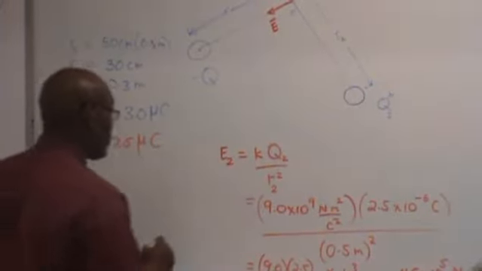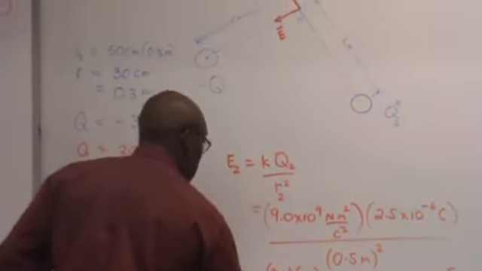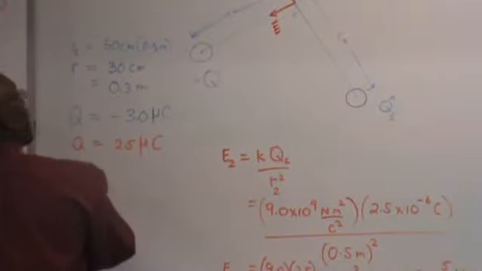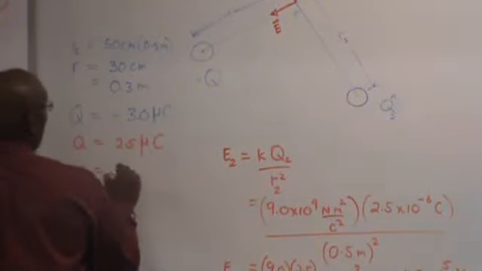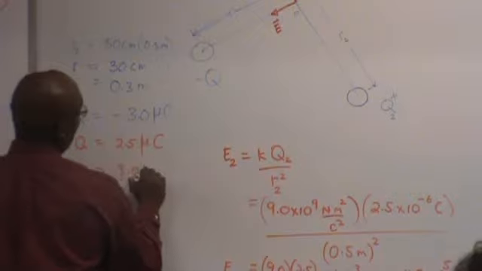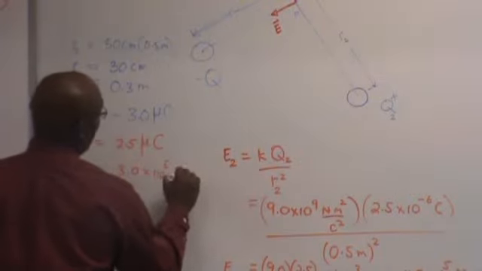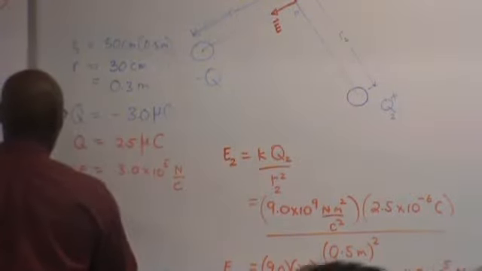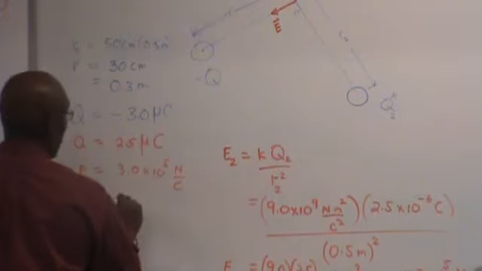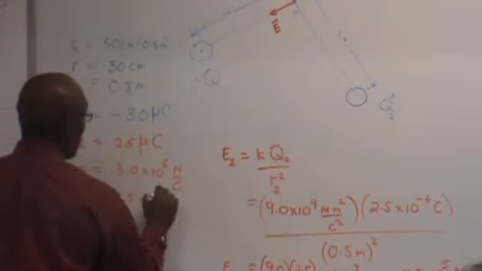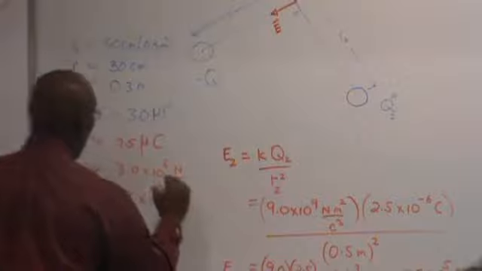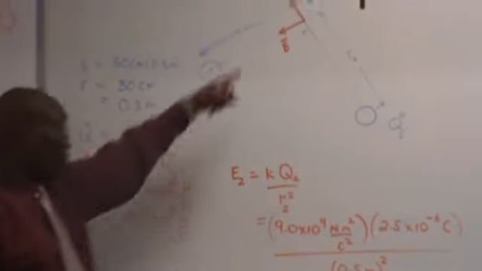Okay? So we have E equal to 3.0 times 10 to the 5, and E2 equal to 4.5 times 10 to the 5. So what we have done here, we have found the magnitude of both fields.